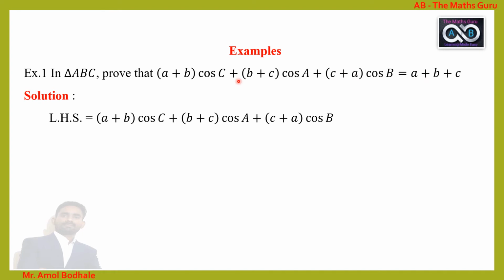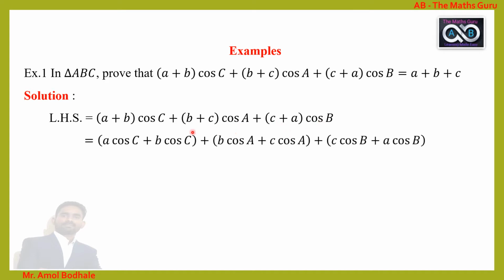Here we will consider the LHS of the proof: (a plus b) cos C plus (b plus c) cos A plus (c plus a) cos B. We will multiply by cos C in the bracket, cos A in the bracket, and cos B in the bracket. We will get a cos C plus b cos C, b cos A plus c cos A, c cos B plus a cos B. Now to use the projection rule, we will rearrange the terms.